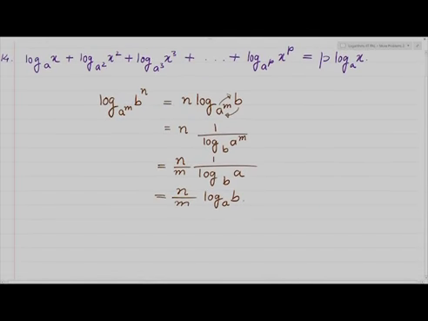Then I have established a new rule: log to the base a raised to m of b raised to n is equal to n upon m log to the base a of b, and hence the target we have achieved.